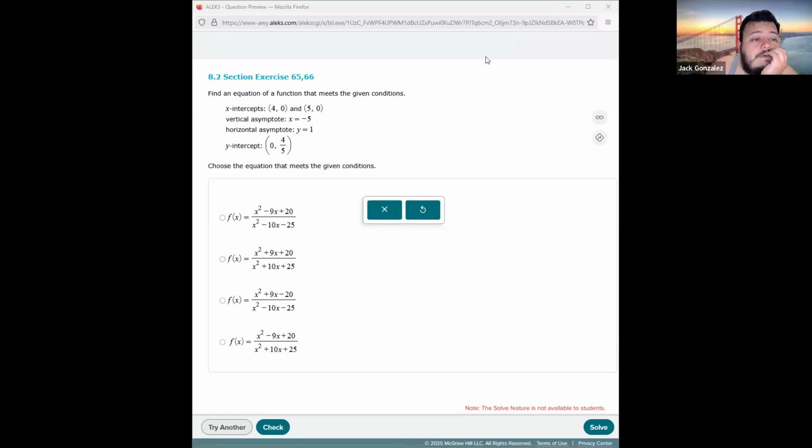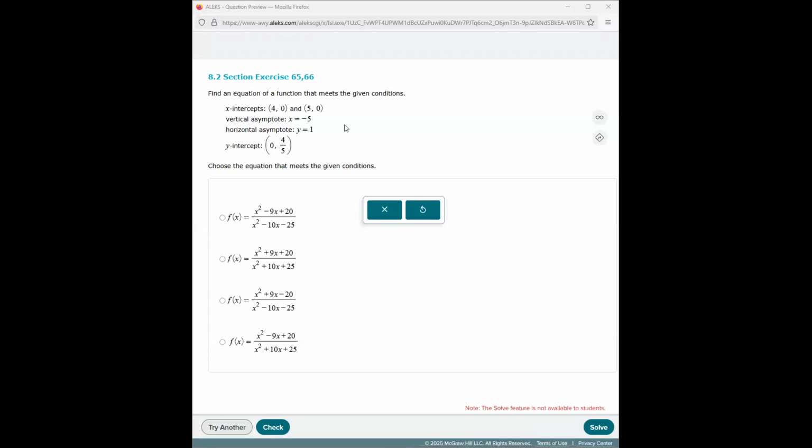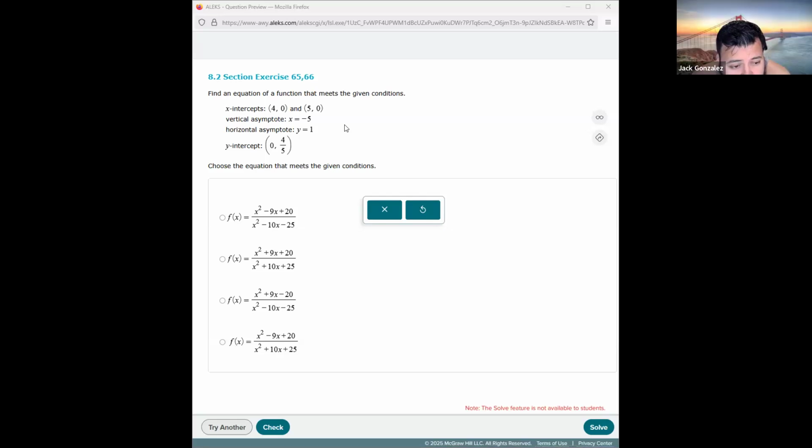Okay, let's move on. This is our last question. This one we're kind of working backwards. You could technically graph each one and match it with these four things of information.